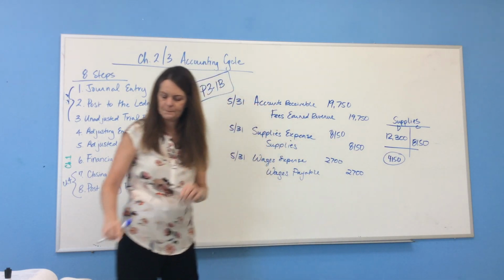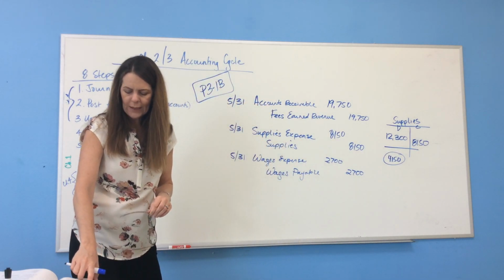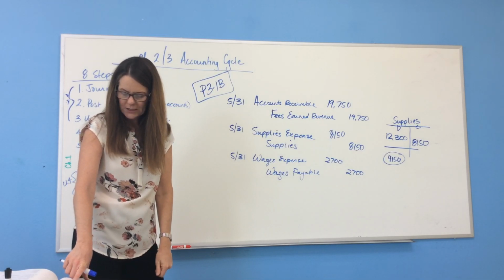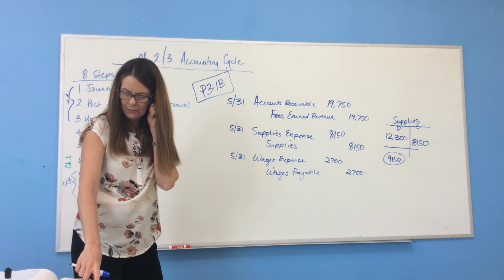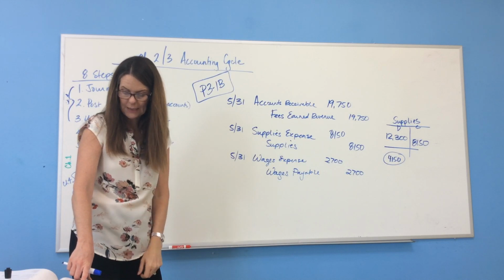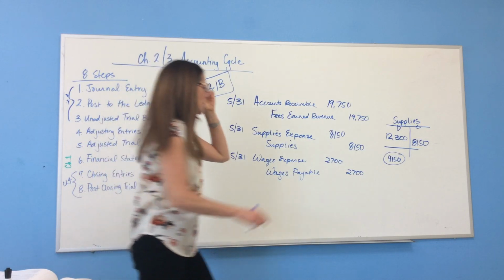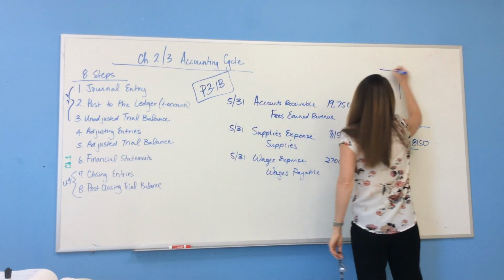Okay, moving on. The unearned rent account balance at May 31st is $9,000, representing the receipt on May 1st of 3 months' rent in advance from a tenant. Okay, so we're going to do this unearned rent account, another T account.